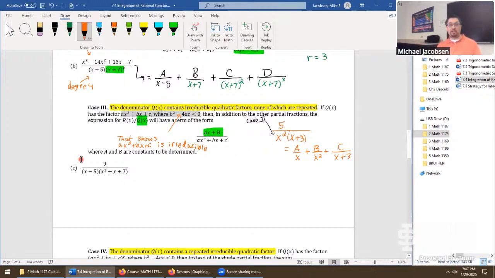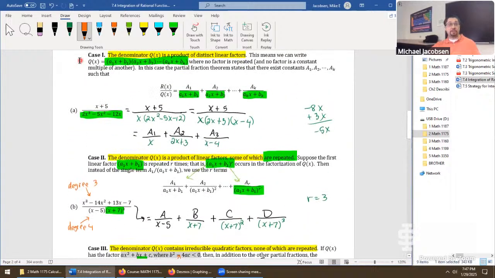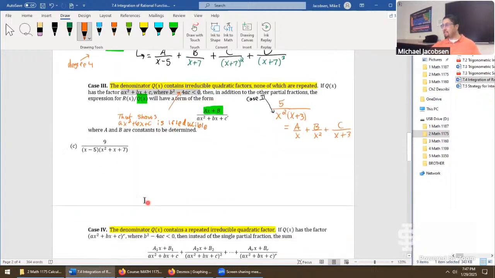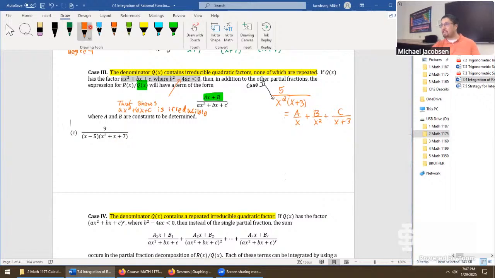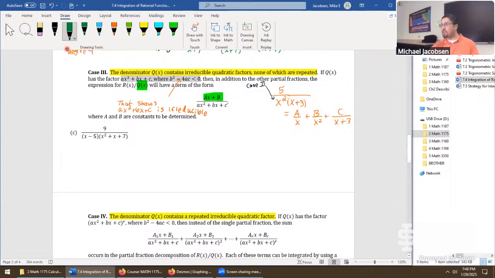So let's try this out down below. Here on the x minus 5, that was linear, so we're not as worried. But this one's the quadratic. The first thought we might have is, can we factor it? If we can using real numbers, then we're all the way back up to case 1, it reduced by factoring. But if we can't factor it, we'll know right away just by checking out the discriminant.